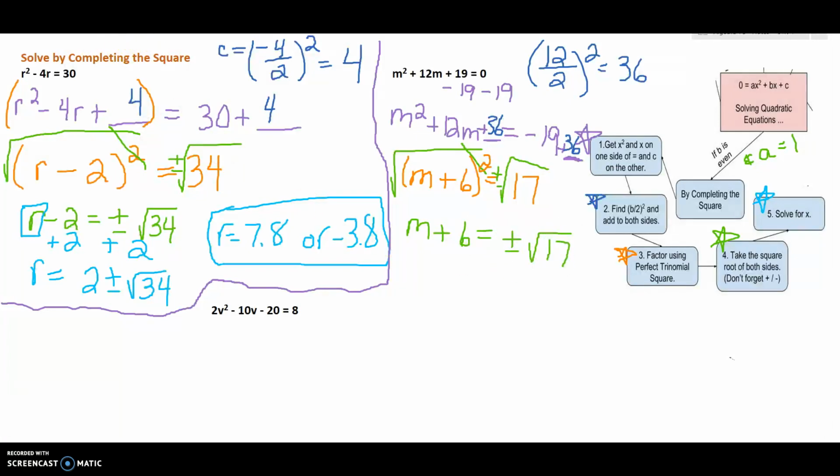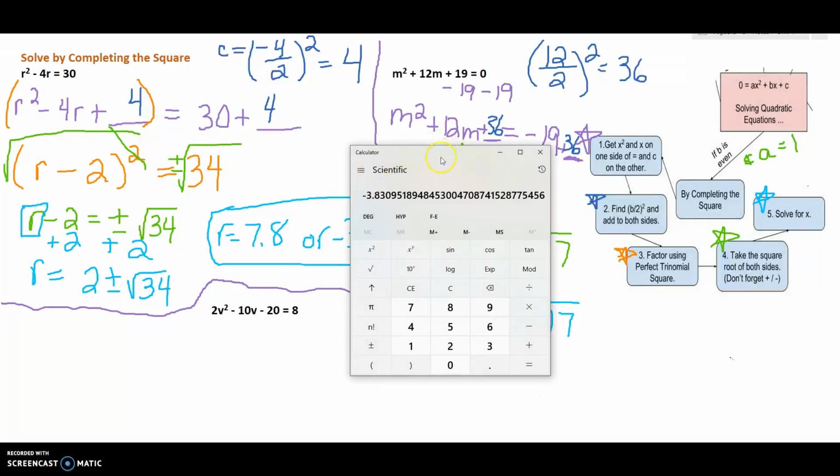And then I'm going to do my last step and solve for the variable. So I'm going to subtract 6 from both sides. So I get m equals negative 6 plus or minus radical 17. And I'm going to pull up my calculator.